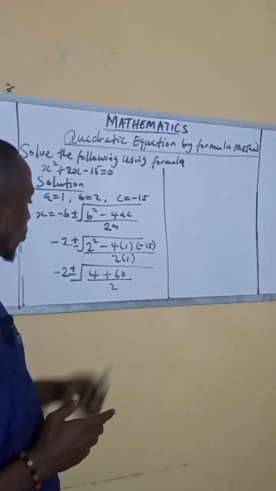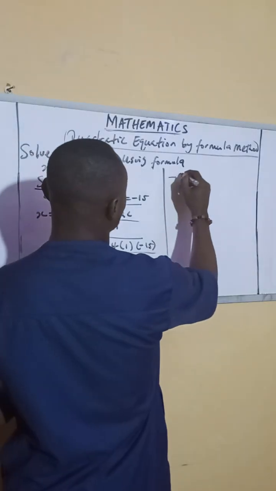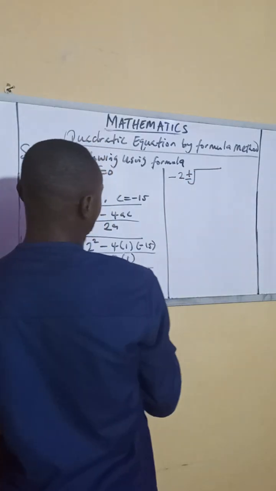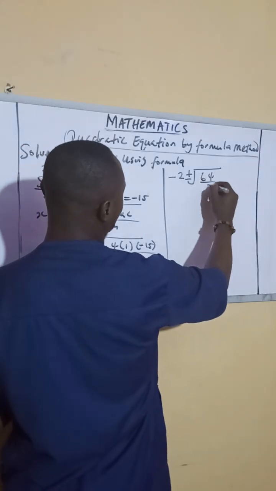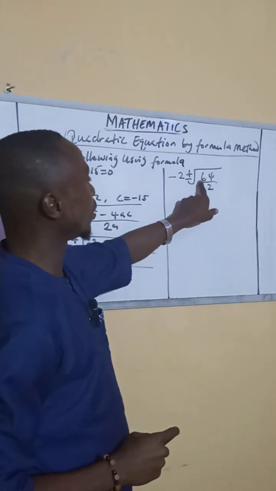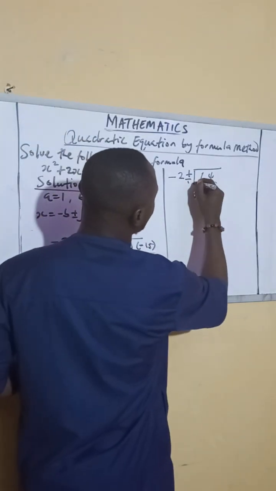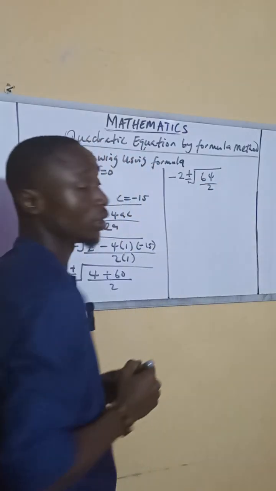So from this spot here, we go ahead and do the needful. We now say minus 2 plus or minus the square root of, if we add them together, 64, over 2. Now, remember this square root is only applicable to just the numerator. The denominator has no business with the square root.